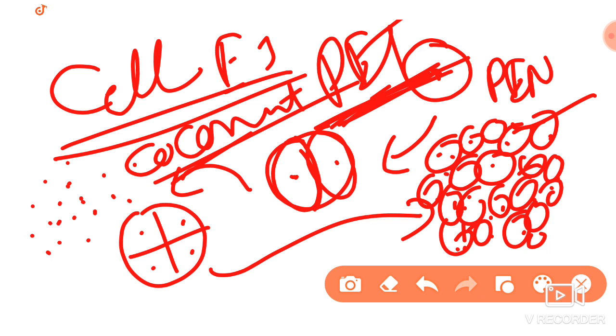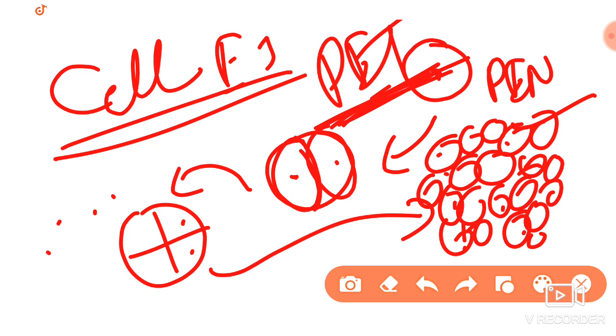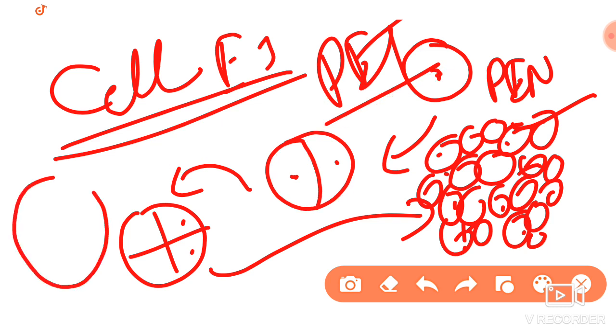That white portion we can see in the coconut. If you observe the coconut, the outermost structure is the shell, and next to that we can find the white portion.